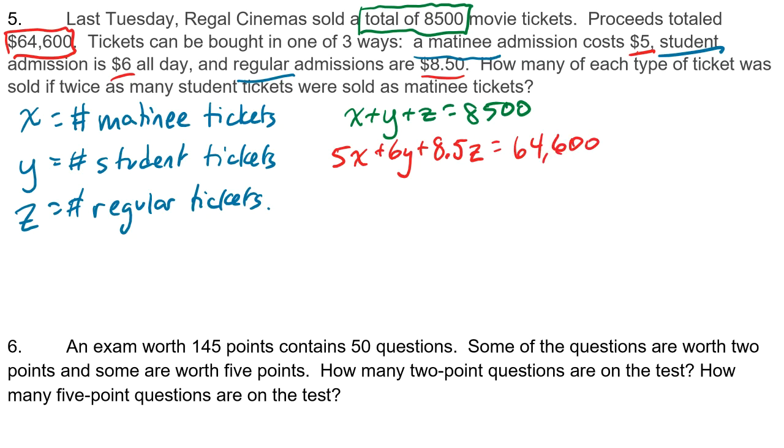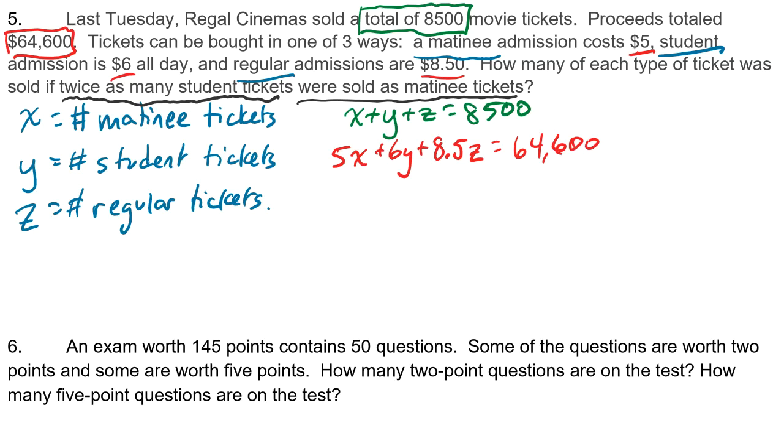All right, so on to the last equation. For this one, we're going to have to look at the final sentence: twice as many student tickets were sold as matinee tickets. Now the wording in this always trips up students. So real quick, I'm just going to put some numbers on this so you can see it.